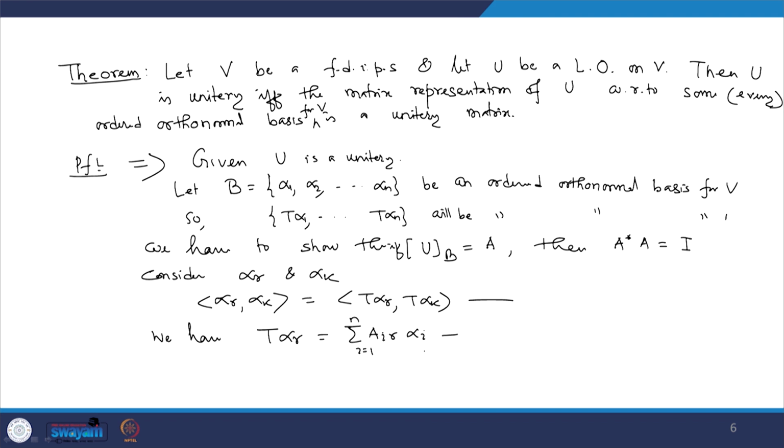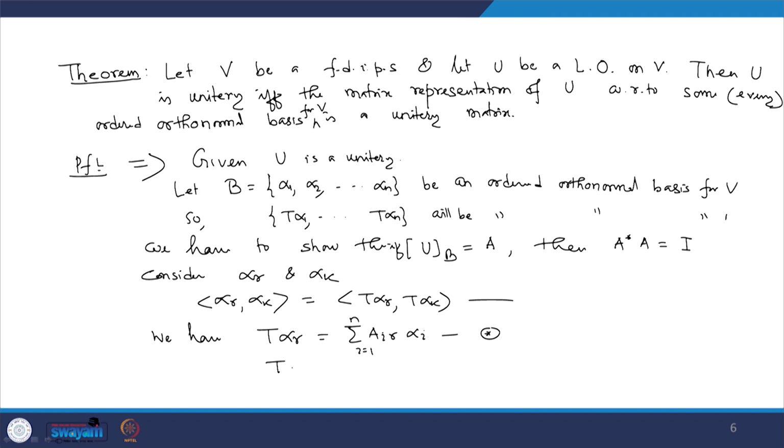T alpha r is written as a linear combination with the coefficients from the rth column of the matrix A, like A1 r, A2 r, and so on. This is from the definition only. I hope you remember this definition.